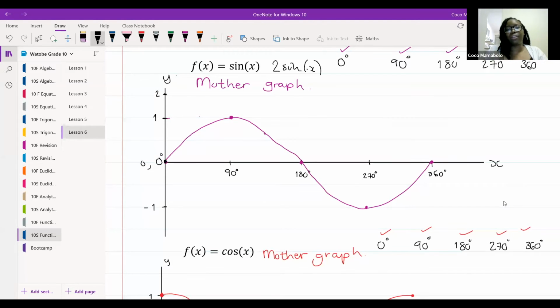What about 2 sine of 90? 2, good. 2 sine 180. All right, we're going to get 0 again, and then 2 sine of 270. Good, -2 will be there. And 2 sine of 360, 0. All right.